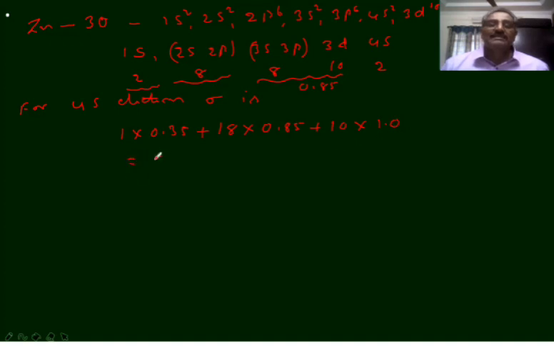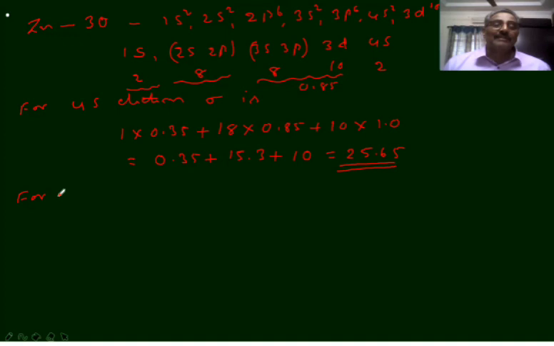So that is 0.35 plus 18 into 0.85, 15.3, plus 10 into 1.0, 10. That is equal to 10 plus 15.3, 25.3 plus 0.35, 25.65. This is for s electron in zinc atom.